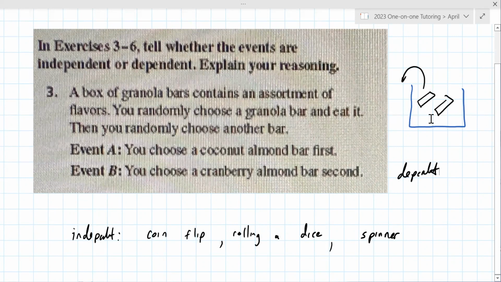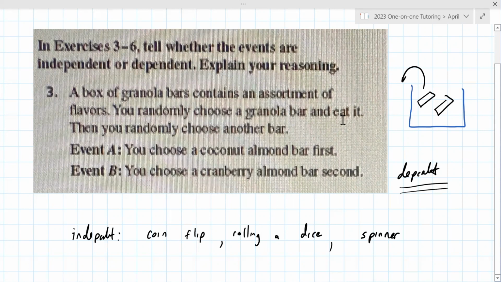So that's the wording your teacher's looking for. The wording is, it's dependent because event B may be impacted by event A. Basically, the probabilities change when you take one out and eat it. Now, if you take one out and put it back, that's a different story altogether. But that's not what's happening here. It's taking it out, eating it, it's gone.